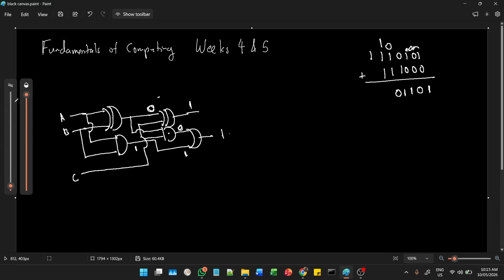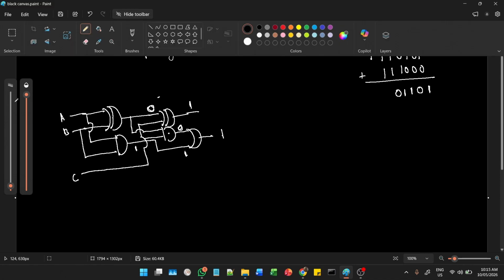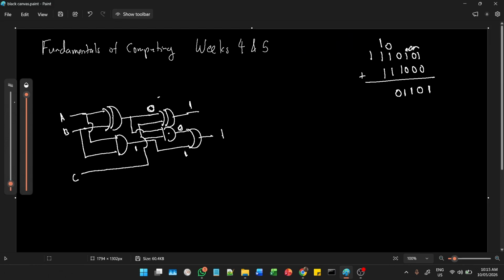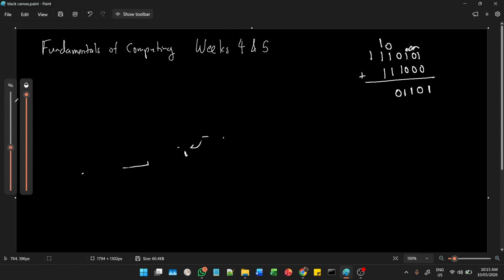So I believe I didn't explain it so well, but the best way to know this is to draw the circuit and try out every single value of how they work, so you can get a visual representation of how it works. So this is full adder and half adder.